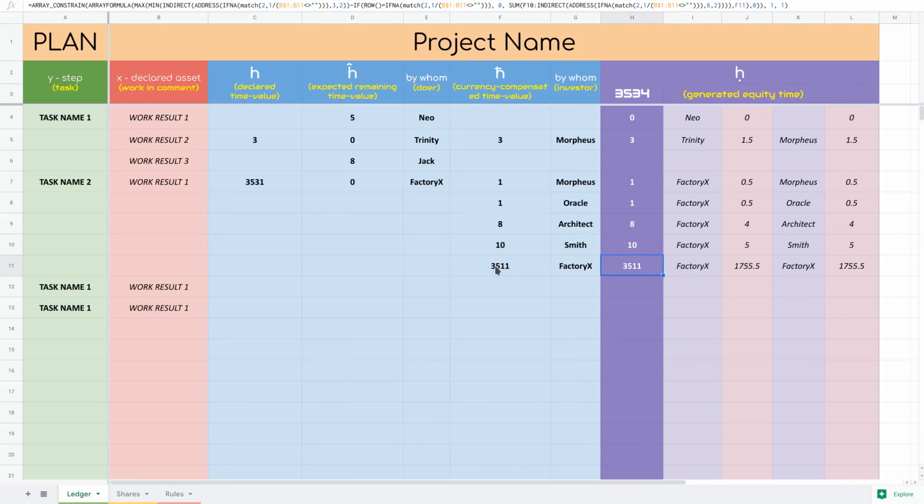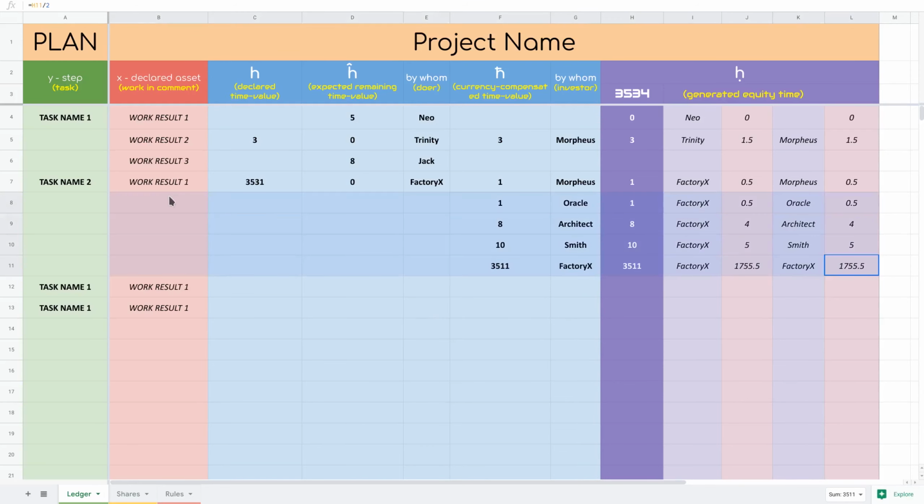But usually we don't write this part. Whenever the contributor compensates something themselves, if the investors don't compensate, they automatically get more shares in that piece of the project, in that piece of work.